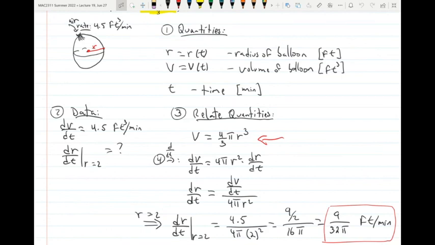I think this should be straightforward. Does everybody understand this? Okay. Remember, once you have your equation, you take your derivative. At that point, just plug in what you're given and solve for what you need. You're given R. You're given dV/dt. Plug it in and solve for what you need. That's all. Okay. All right.